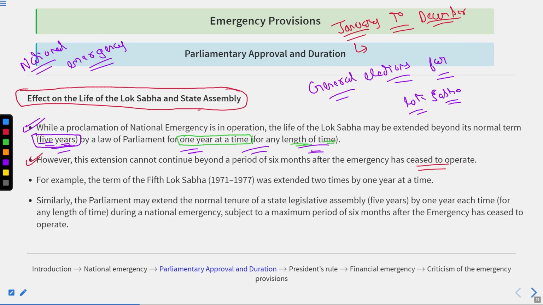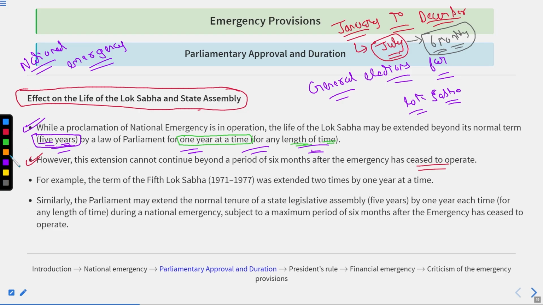Suppose in the starting of January the national emergency was ceased. Then instead of continuing from January to December, the Lok Sabha could only continue from January to July, because if the national emergency was revoked, the extension could only be continued for 6 months, not for 1 year.